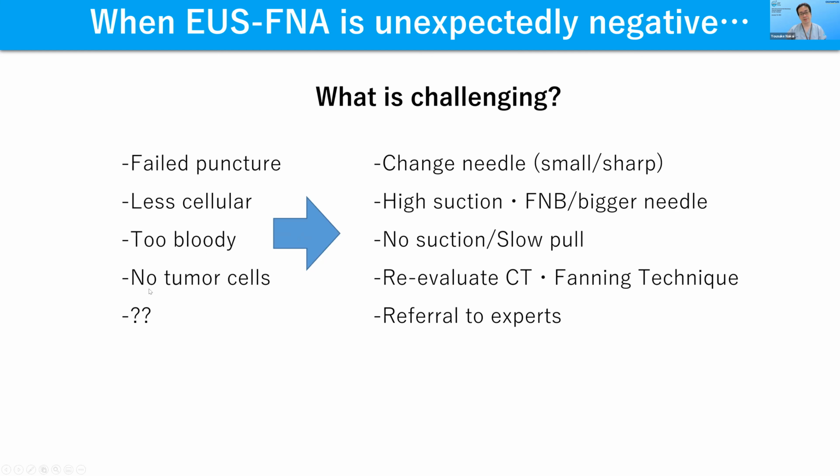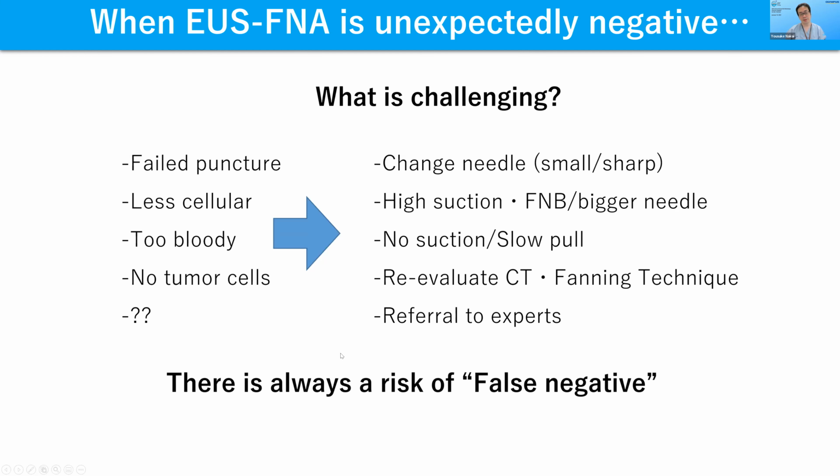And if you get a specimen, but the pathologists say there are no tumor cells, then we should re-evaluate CT and choose the right target. And we can also apply the fanning technique to get the tumor cells. And if you don't know why, then I think you should refer to an expert of EUS FNA.